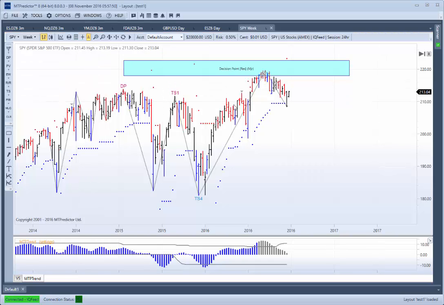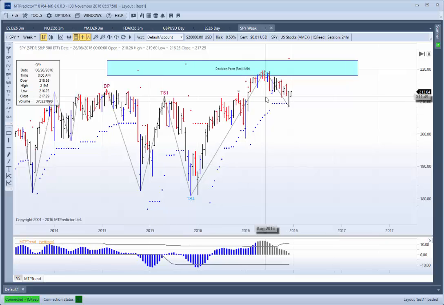Can you see how we came up into the end of August here, this is the weekly chart, into major resistance. So this is why I'm slightly bearish on the US markets: on a longer term chart, this weekly chart of the SPY, we hit major DP resistance back in August. So I think the major trend looks like we're actually turning down.